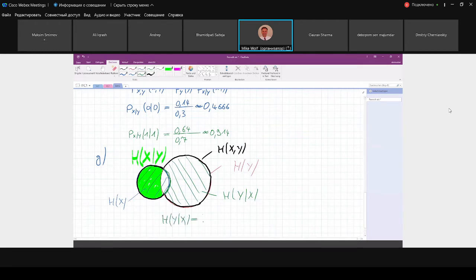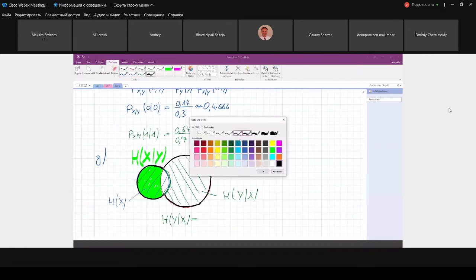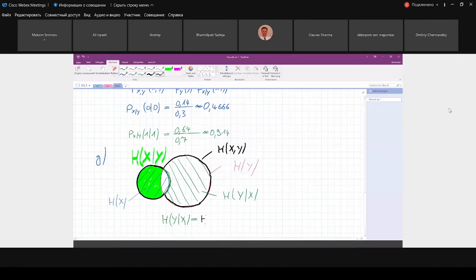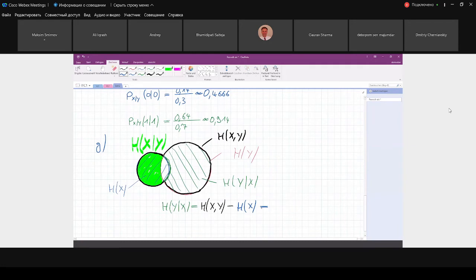This is just h of x and y, the black one, minus, so this is the total. We want to have this h of x, of course. So it's the surprise in y if you know x. Minus h of x, and we can write the value here, of course.